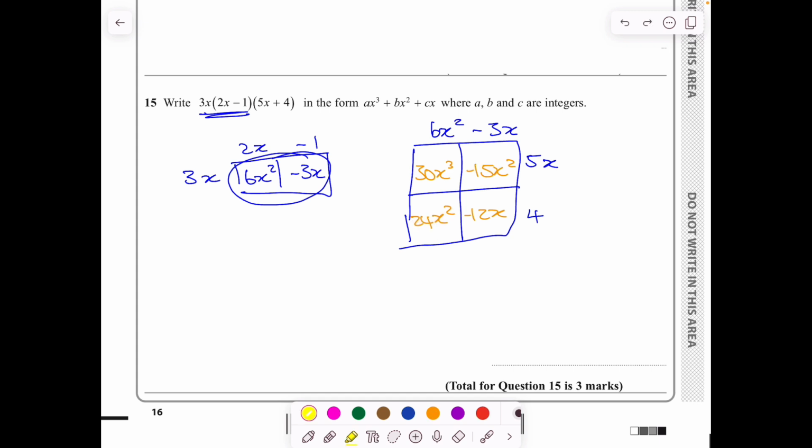I'll do a lighter colour. 24x squared, take away 15x squared, and so what you're left with for your final answer is 30x cubed, 24 take away 15 is 9, so 9x squared minus 12x, and that's what you've got as your final answer.